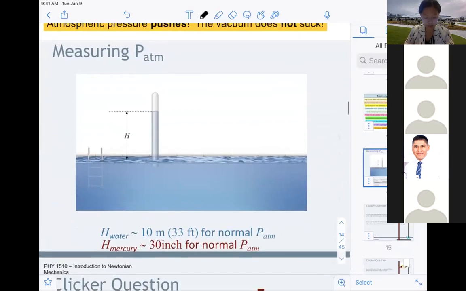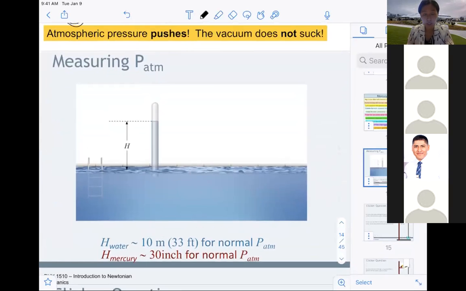So if, instead of using mercury, you create such a device with water, fill it with water, and this is vacuum, of course, the height of the water that you could support also changes.